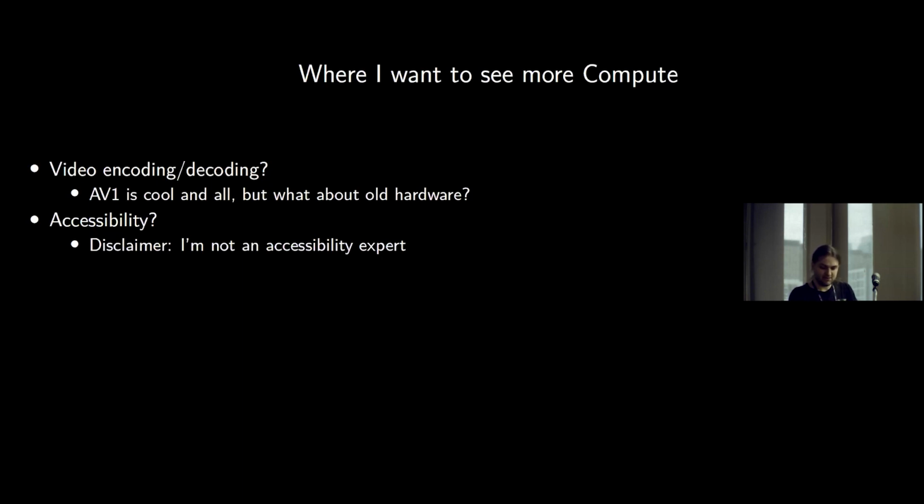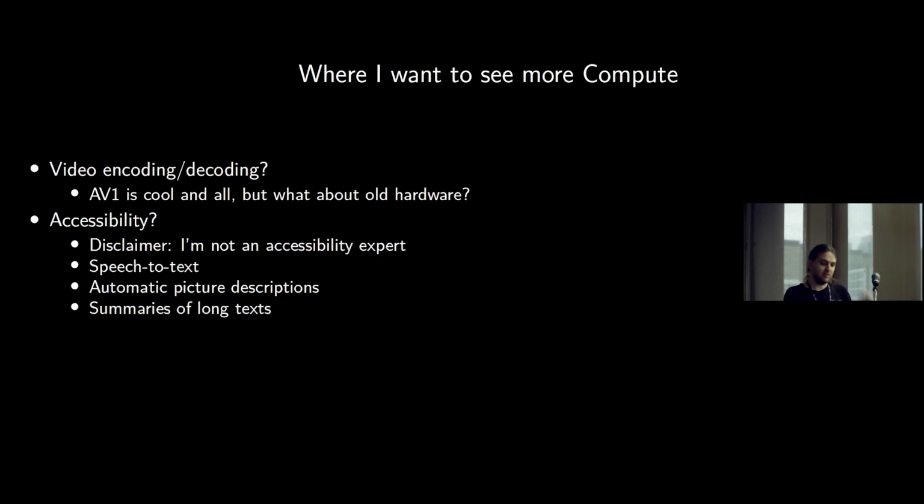And there are also maybe some accessibility opportunities here. I have to say, I'm totally not an expert in accessibility, but I talked with a few people who are familiar with the space, and maybe especially AI, ML could be used to do more speech-to-text things, which I don't think exist as a CPU-based implementation.